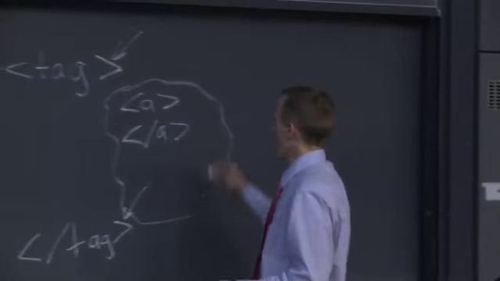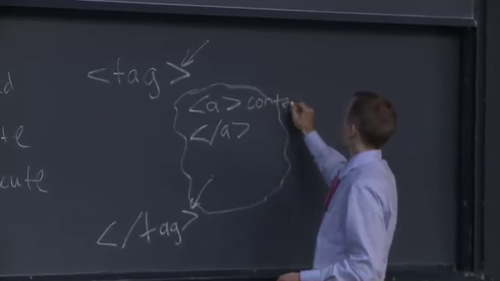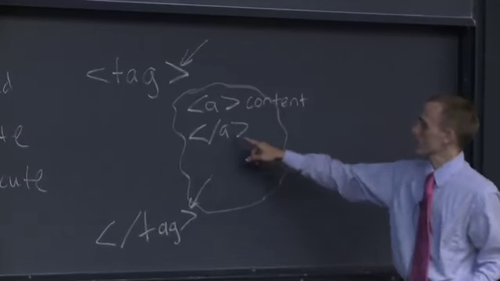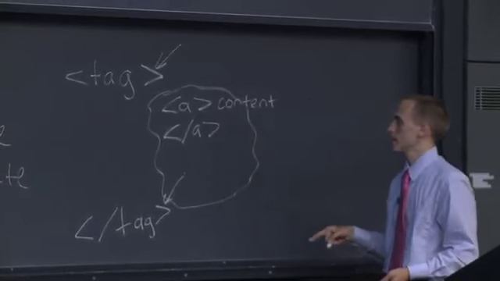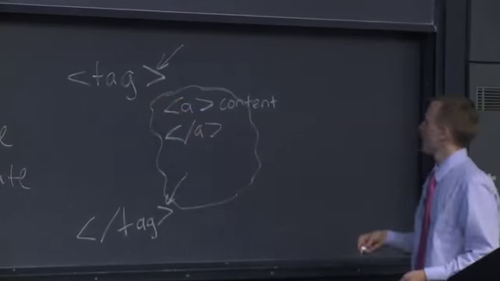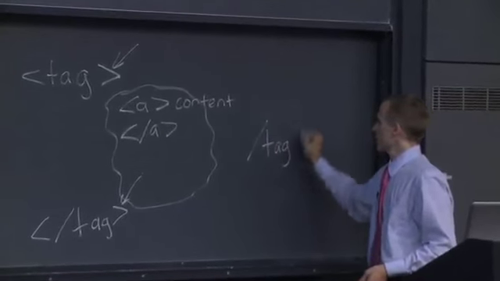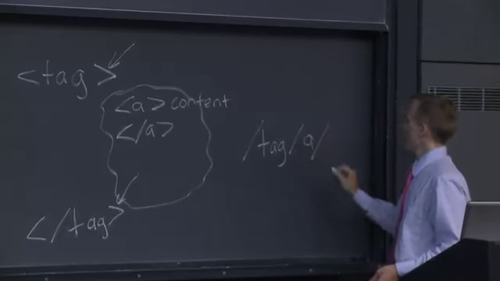So if I had a word that I wanted to get at that is inside of the A tag here, which is inside of the tag, I would refer to that in XPath like this, /tag/A.